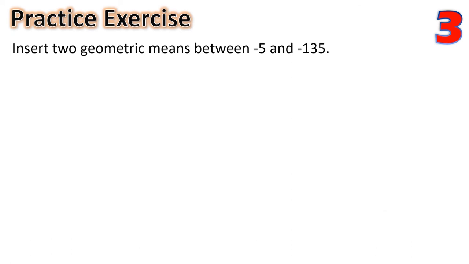Time is up. Let us have the answer. We're given -5 as the first term. Then we're going to insert two geometric means, with -135 as the fourth term. So if we're going to use the formula for the fourth term of a geometric sequence, we'll have a sub 4 equal to a sub 1 times r raised to 3.